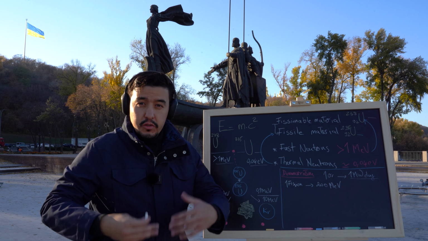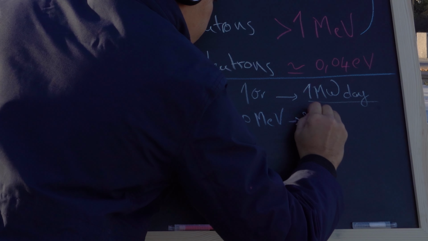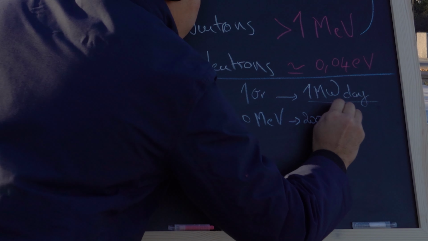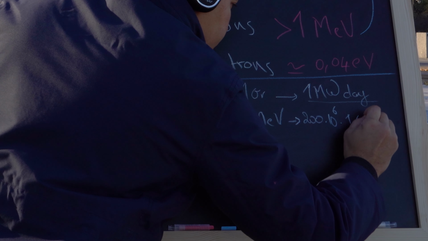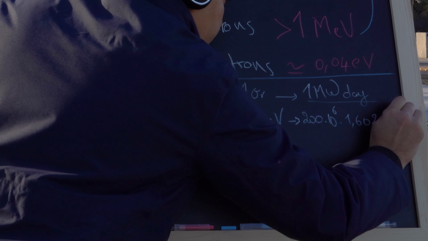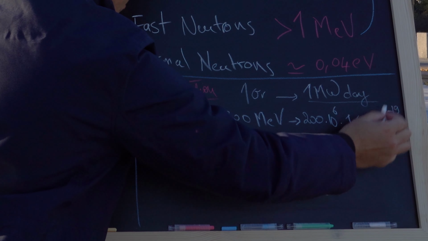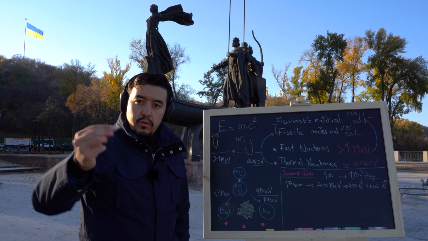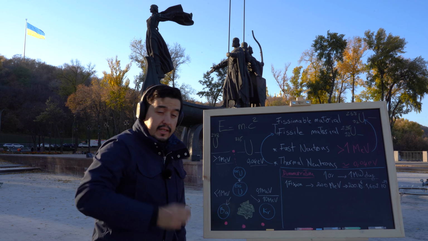I want to see something in joule, watt, etc. So this is equivalent to 200 × 10^6 multiplied by 1.602 × 10^-19, because 1 electrovolt is equivalent to 1.602 × 10^-19 joule. It's ridiculously small, but we are getting to it.